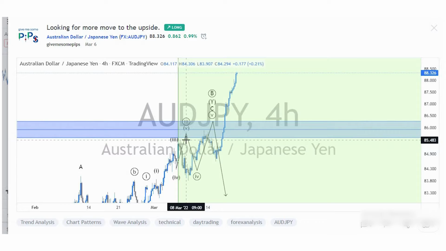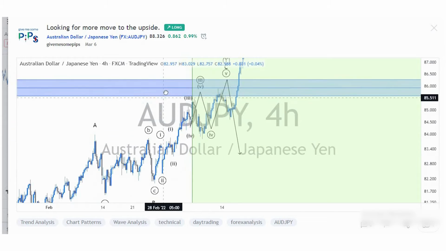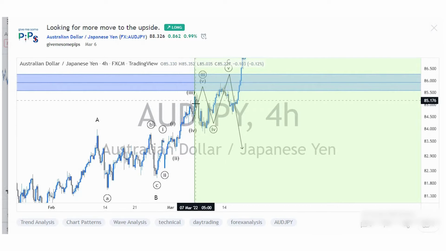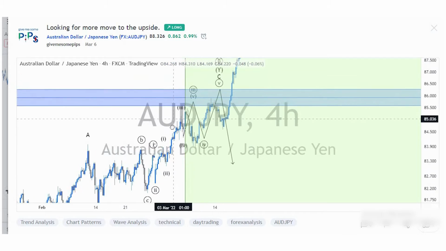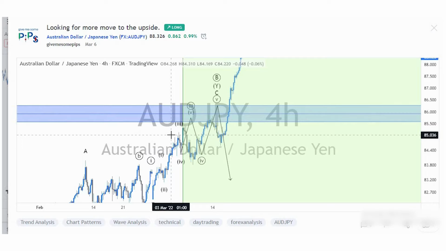Where would have been the optimal place to place an entry? Because some people will just simply tell you, when the market is moving up, wait for a retracement. Let's say 50 to 61.8 on the Fib level, put your entry there and wait for the market to come back to that level for you to get triggered to go long. But sometimes when you do that, you may end up missing a trade.